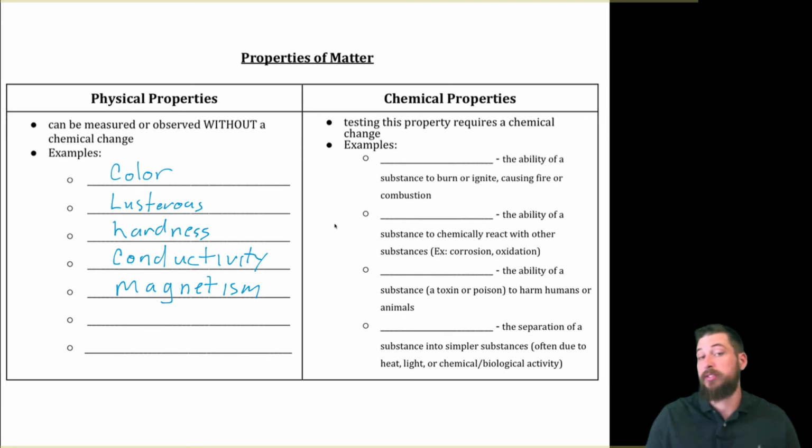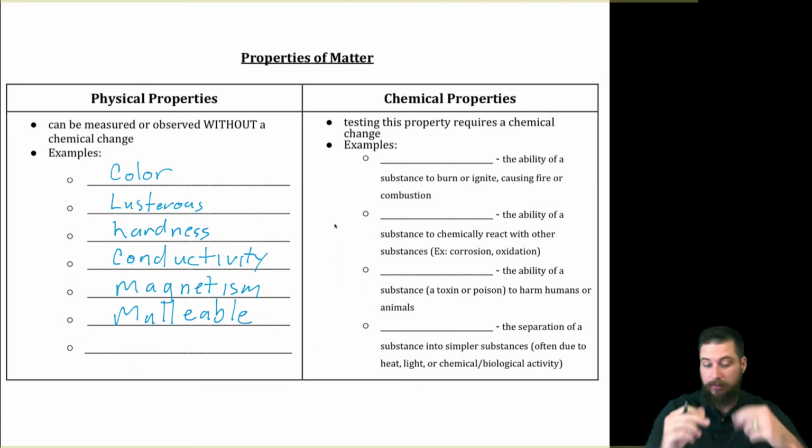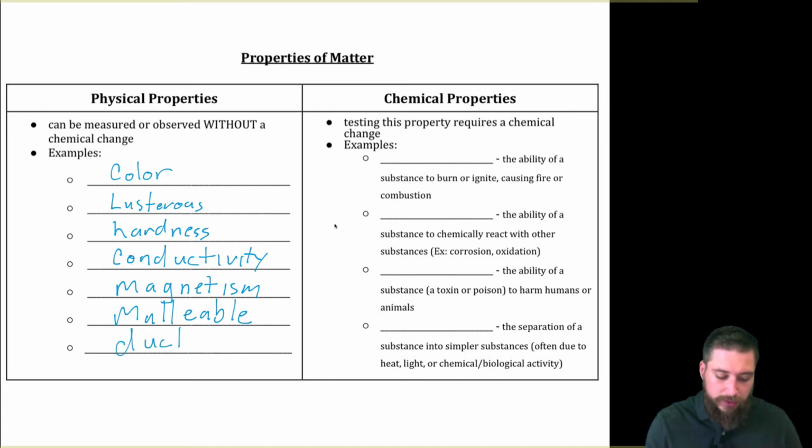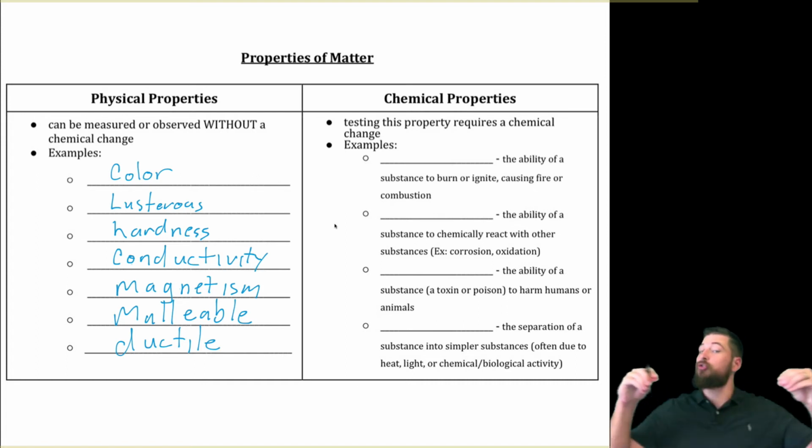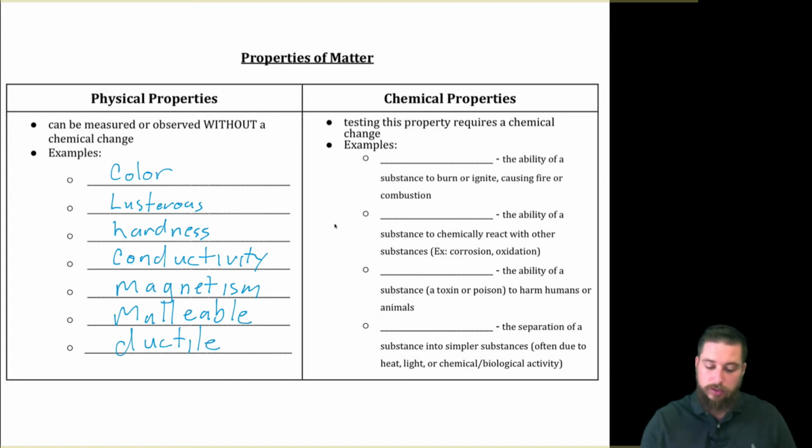If something is able to bend, it's malleable. You can bend it. And if something can be stretched into a thin wire, we say that it's ductile. A lot of metals are able to be stretched into a thin wire, which we say is ductile.